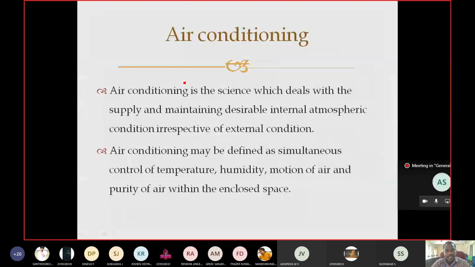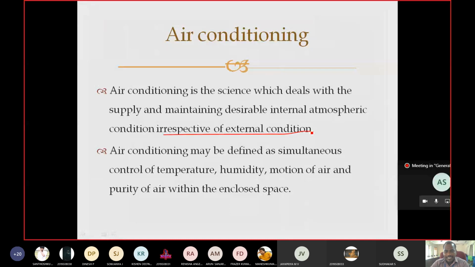Then we can know what air conditioning is. Air conditioning is the science which deals with the supply and maintenance of desirable atmospheric conditions irrespective of external conditions. The external condition may change during the year, but we need to maintain our desirable internal atmospheric condition.